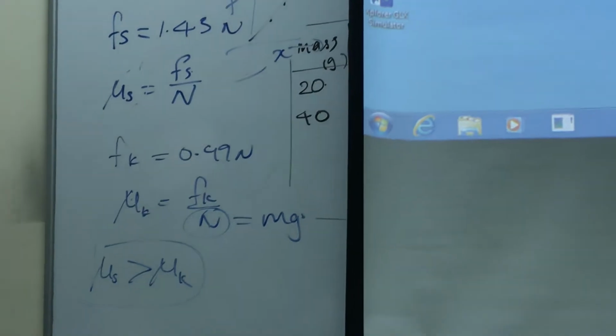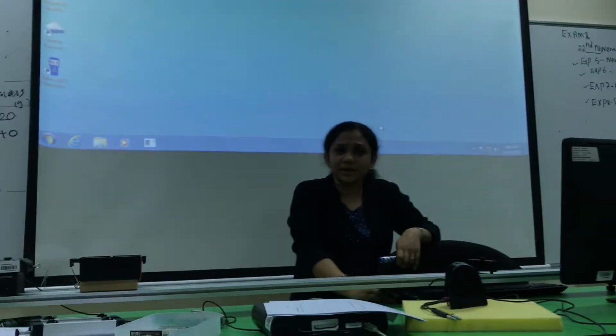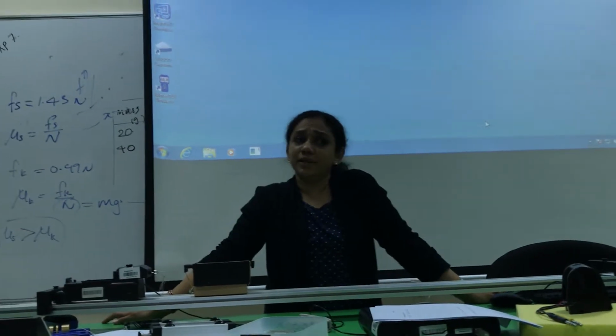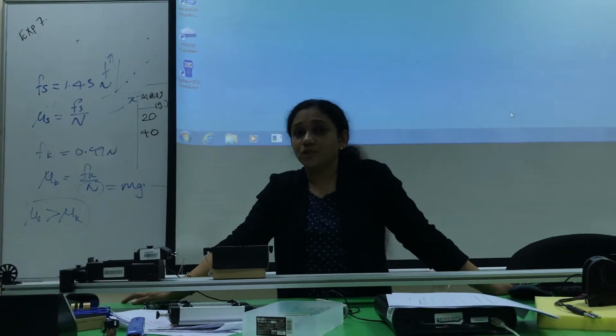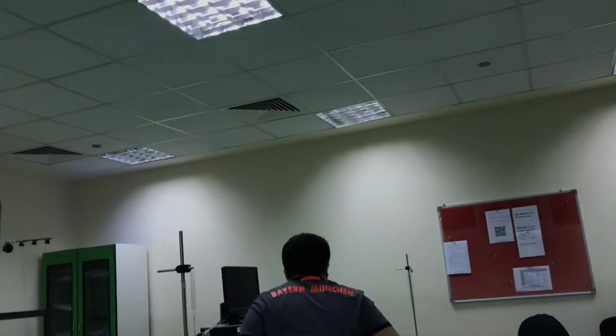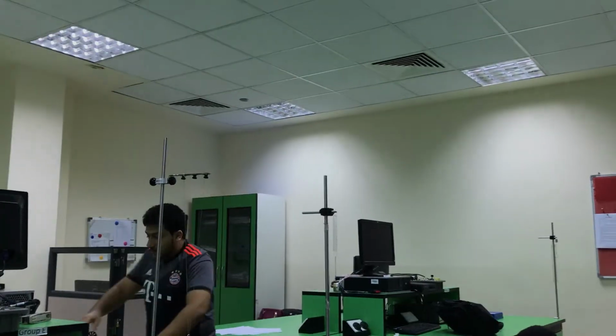So next is simple pendulum. You know the simple pendulum, right? Time period. Most probably the stopwatch part will be coming. You should know how to use the stopwatch. Start, stop, reset. There is a stopwatch on the table.